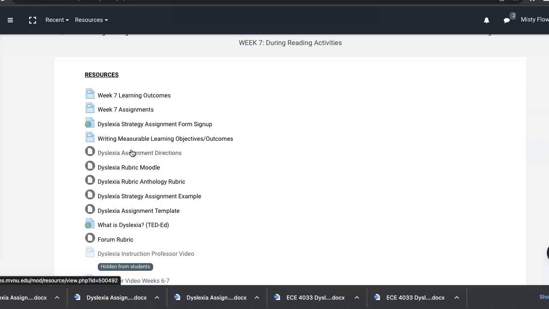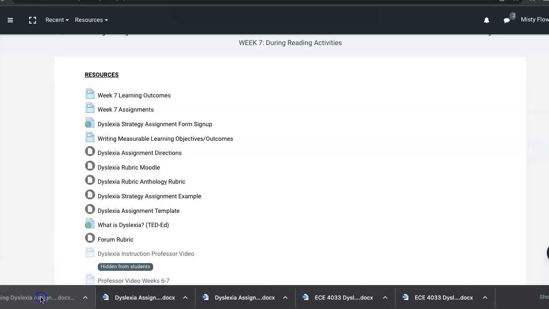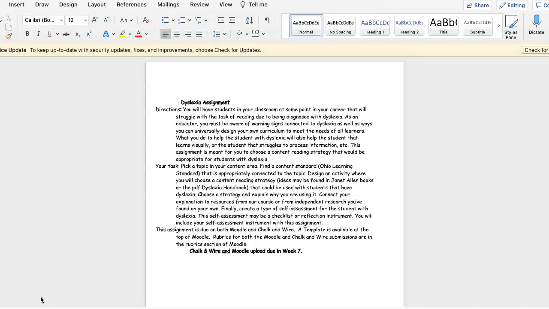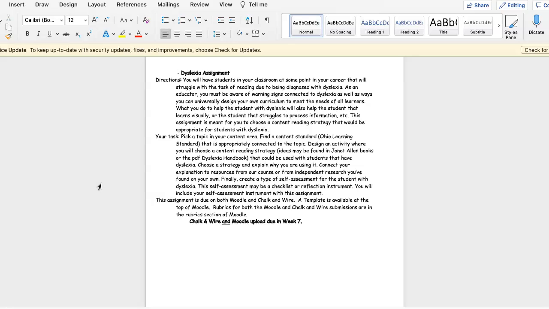Here are the directions for your assignment. You're going to pick a topic in a content area, find a content standard that is appropriately connected to the topic.